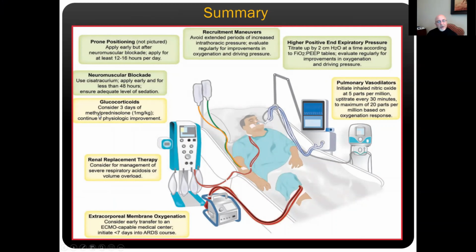Consider Solu-Medrol 1 to 2 milligrams per kilogram for 3 days. If the patient improves, then continue it for 5 days. One should consider ECMO if the PF ratio is less than 80 in a young patient, and one should consider recruitment maneuvers depending on the patient's condition. Pulmonary vasodilators include nitric oxide, which may be titrated based on your institution if it is available.